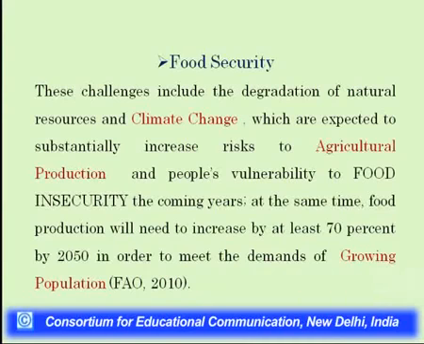All these components causing food insecurity to the coming generation.